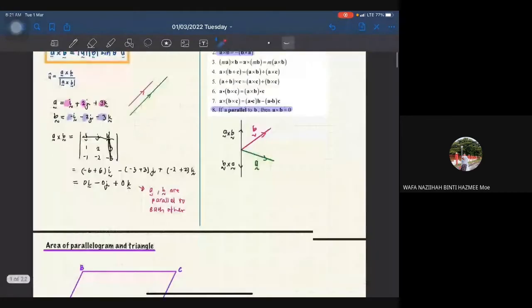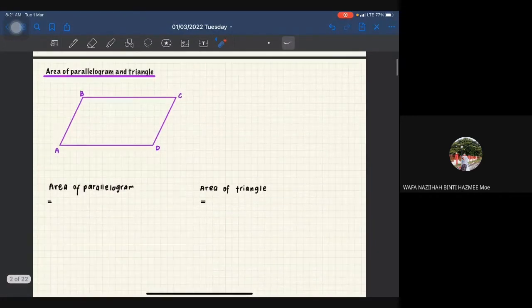Jom saya sambung lagi. Okay, so jom kita masuk area of parallelogram and triangle.